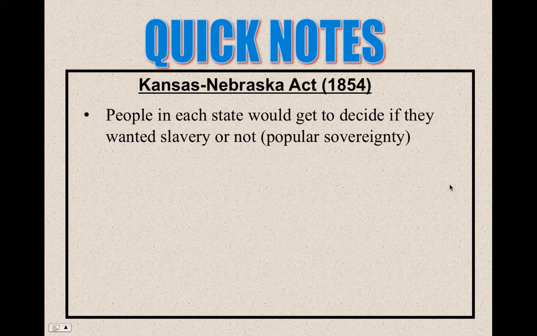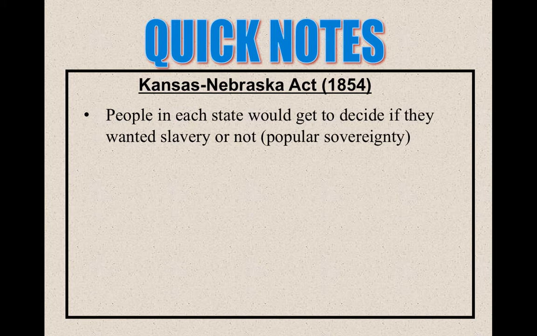So the Kansas-Nebraska Act, people in each state would get to decide if they wanted slavery or not. And this, again, was known as popular sovereignty. And folks, this idea does not go well in Kansas. Violence erupts. You have very passionate abolitionists that are against slavery living right alongside people with slaves.